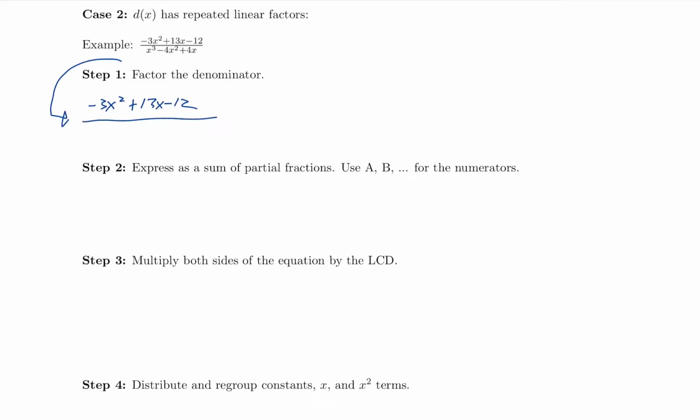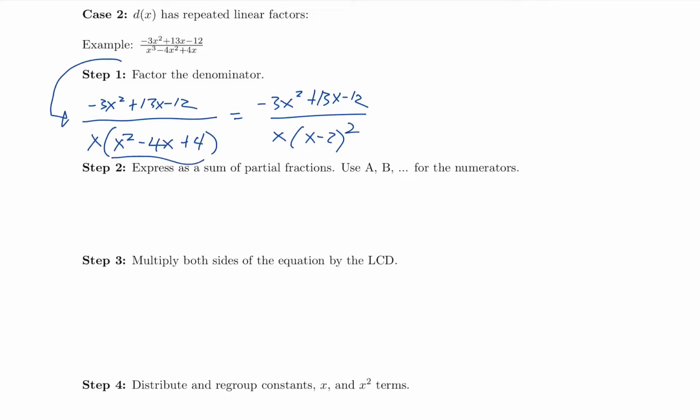Let's factor x first. So we get x times x squared minus 4x plus 4, which equals x times x minus 2 squared, because this is a perfect square.